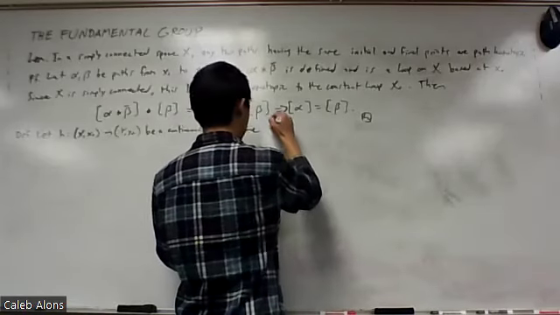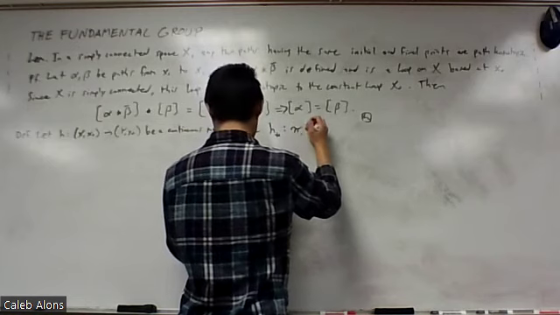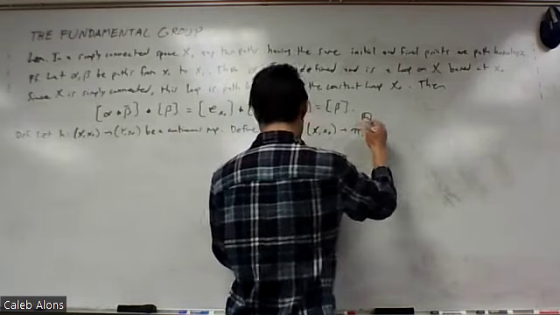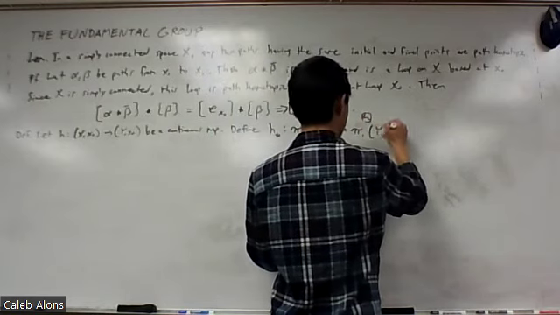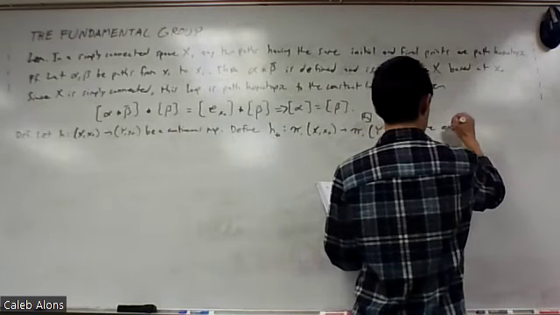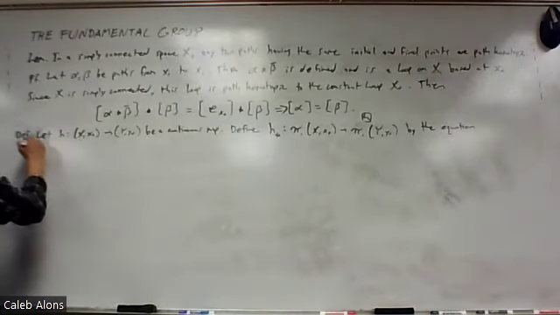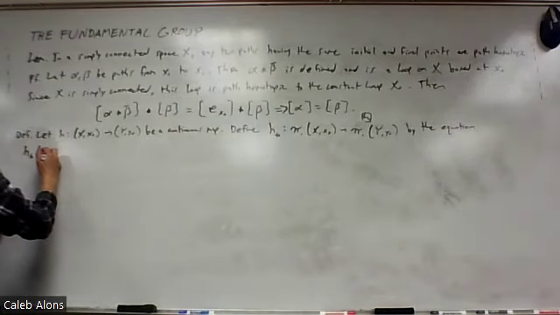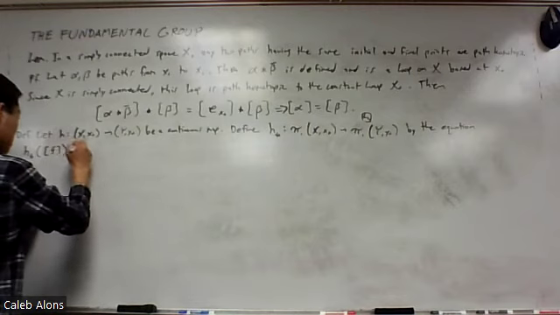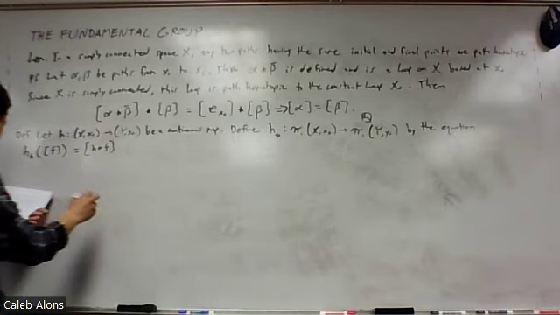So we define some map h star be the fundamental group of X at x naught to the fundamental group that you get in Y at y naught by the equation h star of some class f is going to be the class of h composed with f.